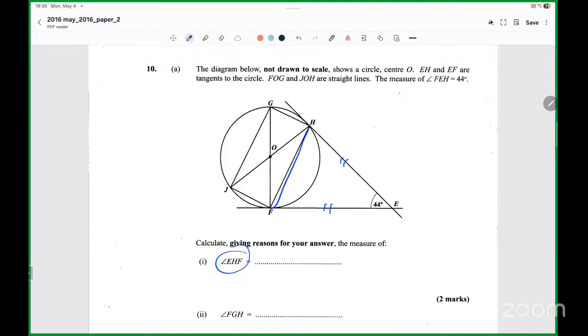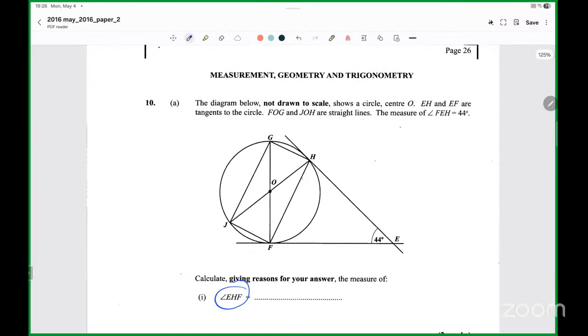All right. So for EHF, these two lengths are the same, right? So this is an isosceles triangle, isn't it? And if that's an isosceles triangle, these two angles are equal. This angle that I want and this angle are equal. So the angle that I want is 180 degrees minus 44 degrees, divided by 2.